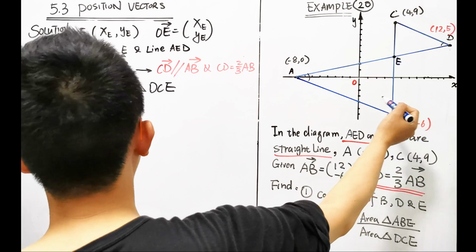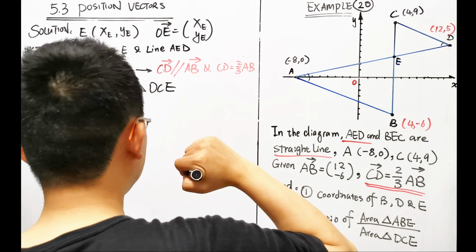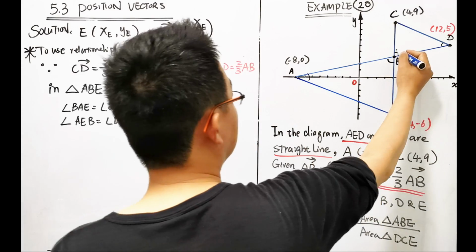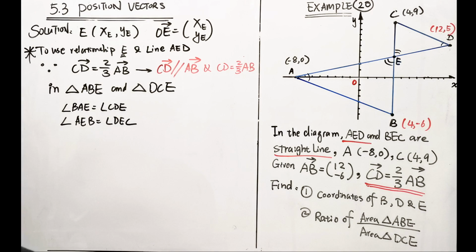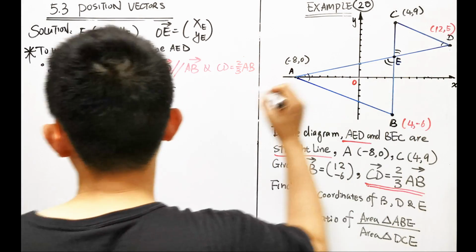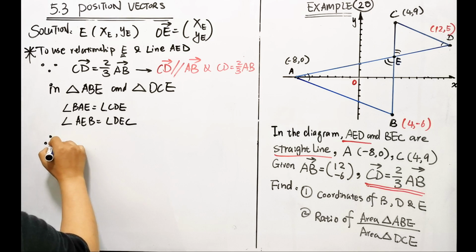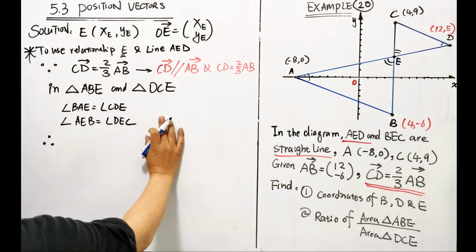And then the other one, we also know that angle AEB equals angle DEC, right? AEB and DEC, because these are formed by the two lines, so apparently they are equal. So there are two angles that equal each other.